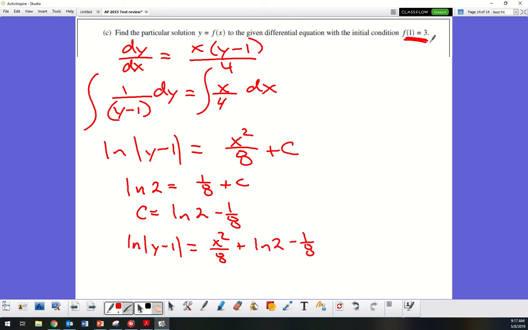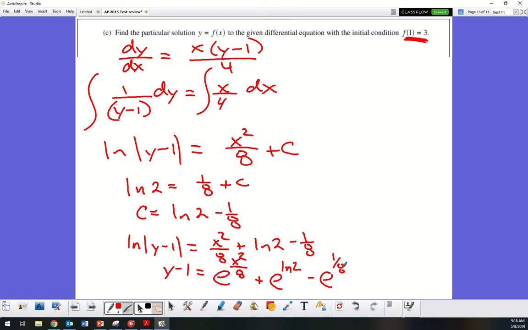So let's go ahead and e everything. So when I e everything here, it's going to be y minus 1 equals e to the x squared over 8 plus e to the ln 2 minus e to the 1 over 8. Now, when I e and ln, I should have 2, right? But these are all common bases, aren't they?